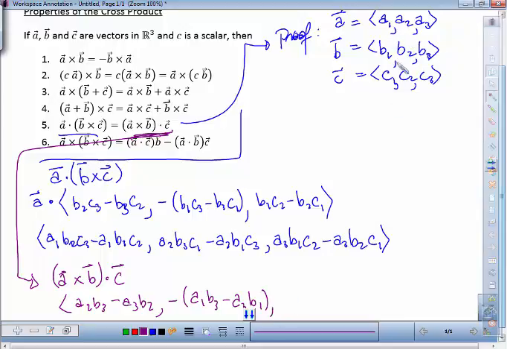And then our last one is A1, B2 minus A2, B1.